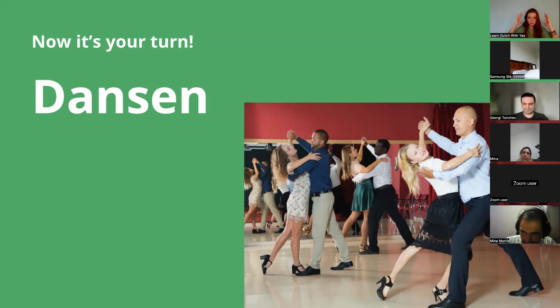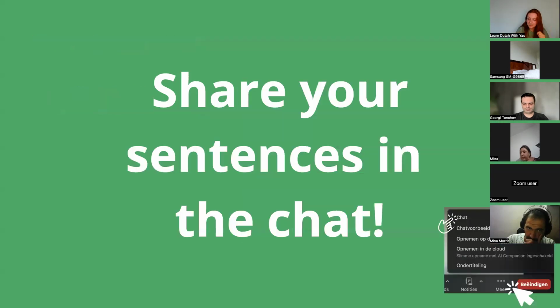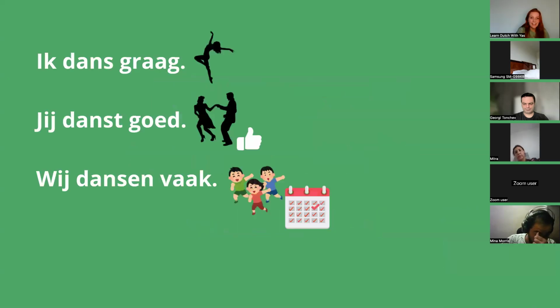So once again, subject, verb, and then the rest. Really easy. Ik, jij, wij, verb, rest. Awesome. So if you've shared your sentences in the chat, then I'm going to share my sentences with you, which is, for example, ik dans graag, jij danst goed, en wij dansen vaak.